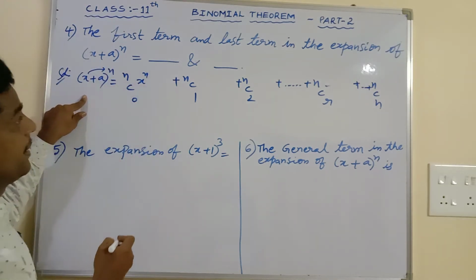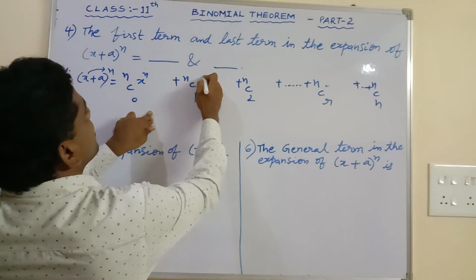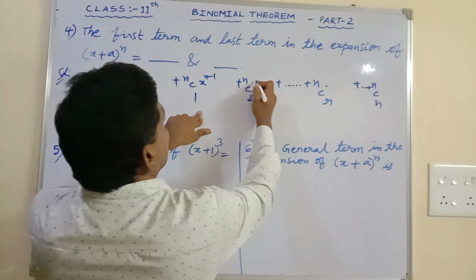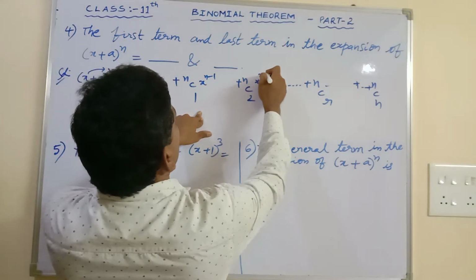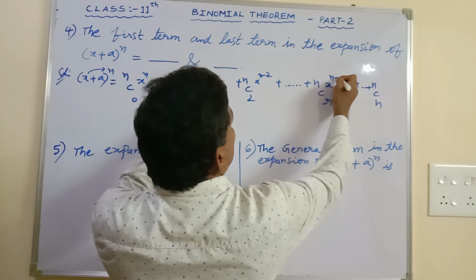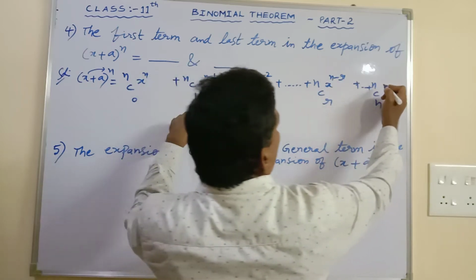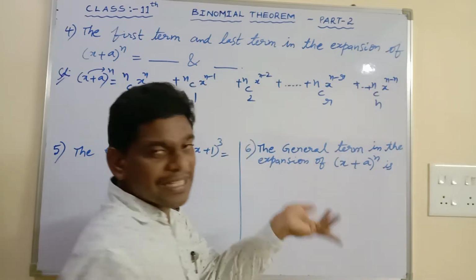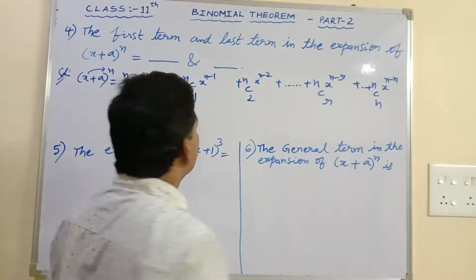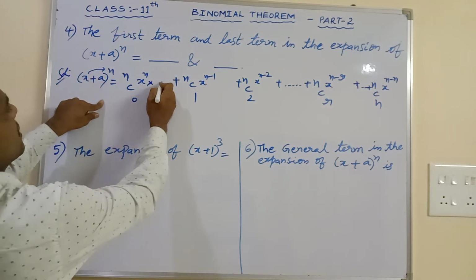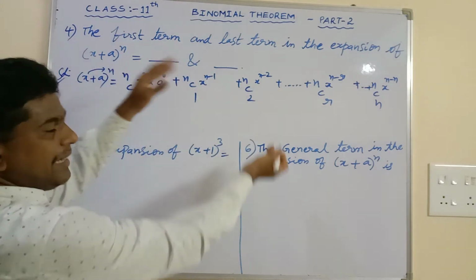First x power n, next x power n minus 1, in decreasing order, x will be decreased, x power n minus 2, so and so on, x power n minus r. So finally x power n minus n. N minus n means 0. So similarly, a starts from 0. It will be in increasing order.